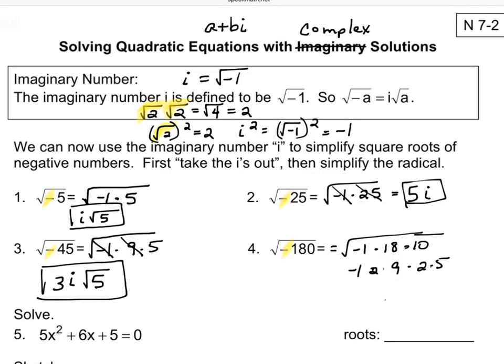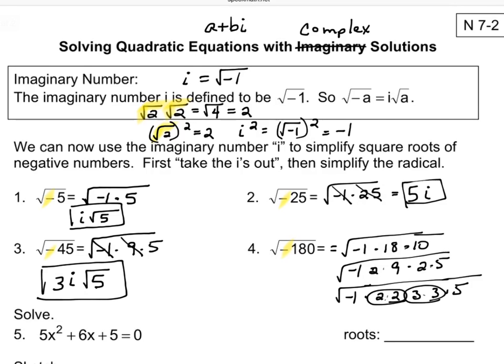So let's group some things together under the square root. That's negative 1 times 2 times 2 times 3 times 3 times 5. You can do it this way, or you can do the vertical prime factorization like I've taught you in the past. This is just another way of looking at it.